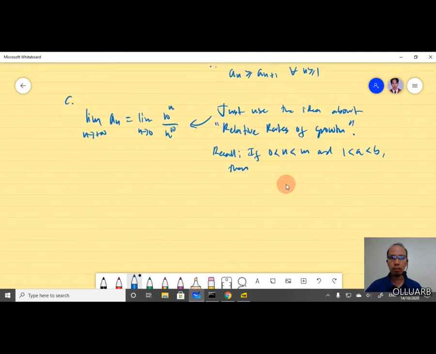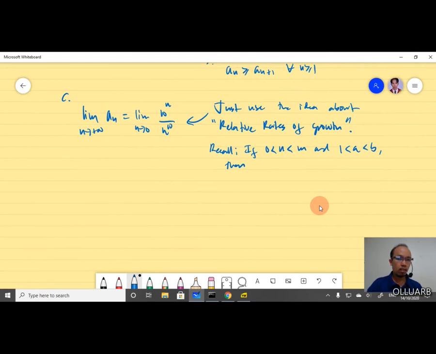Okay, let's move upward. Remember that this relation: ln x is slower than x to the n, and x to the n is slower than x to the m, since our m here is greater than n.